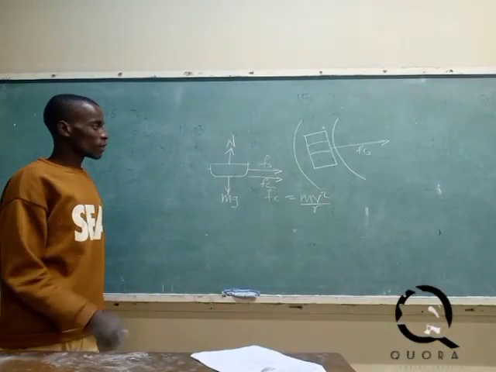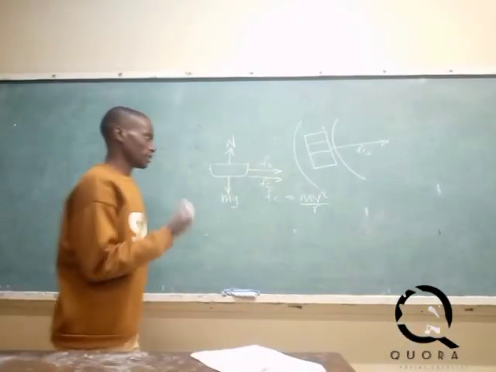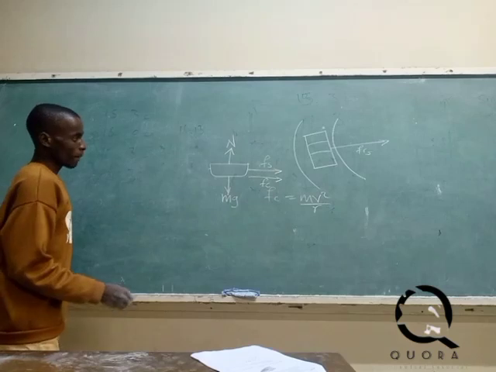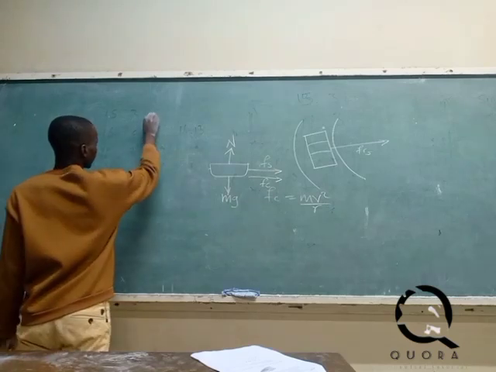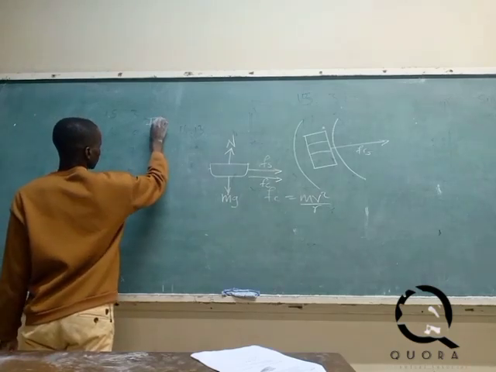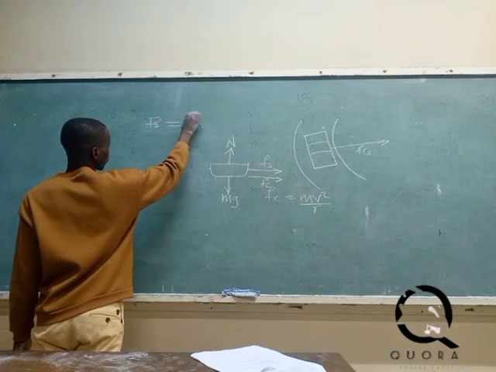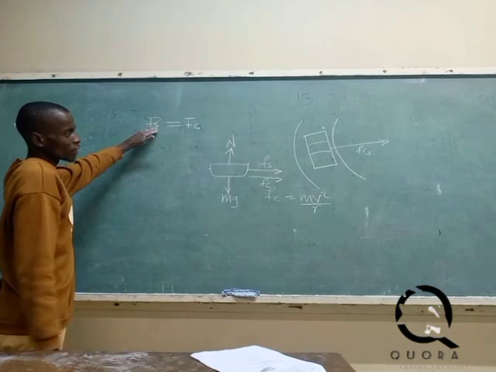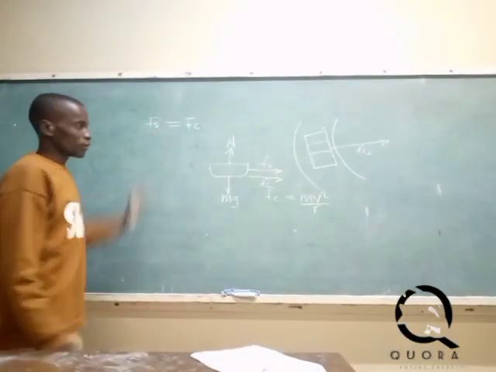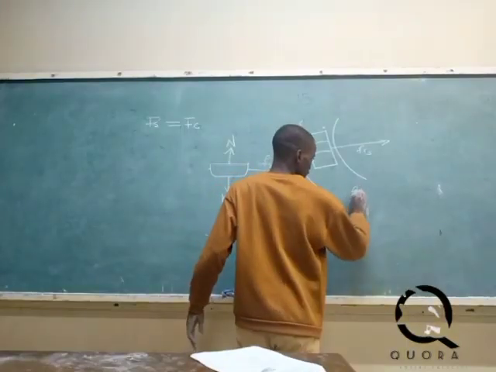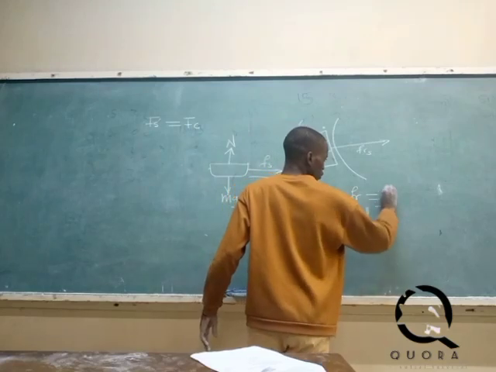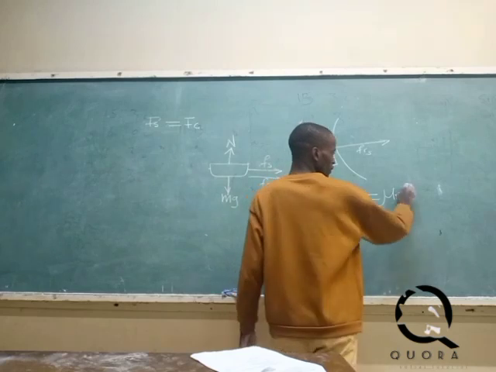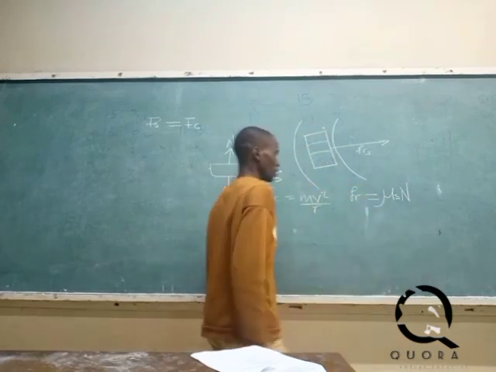Now, how do you calculate? Here they are asking about the velocity, the maximum speed the car is going to have. I'm saying the static friction force must be equal to the centripetal force. What formula do you use whenever you want to calculate friction force? Friction force is equal to the coefficient of static friction, mu, multiplied by the normal force.